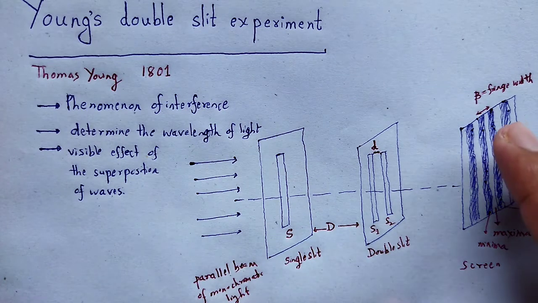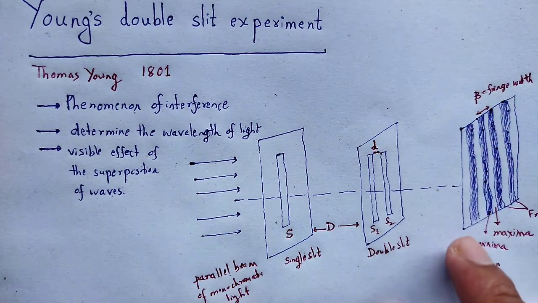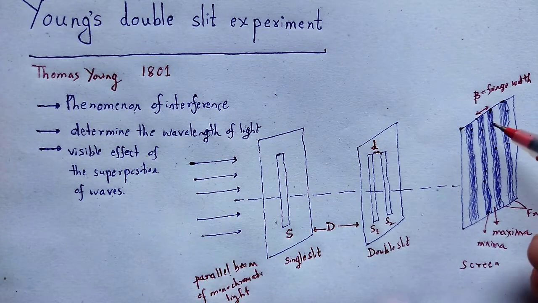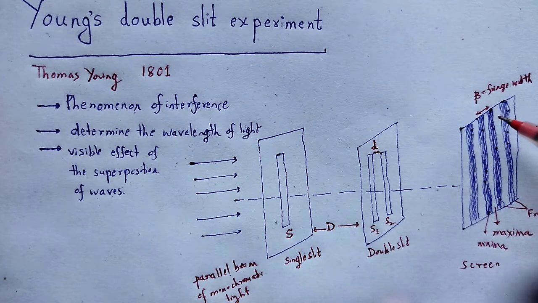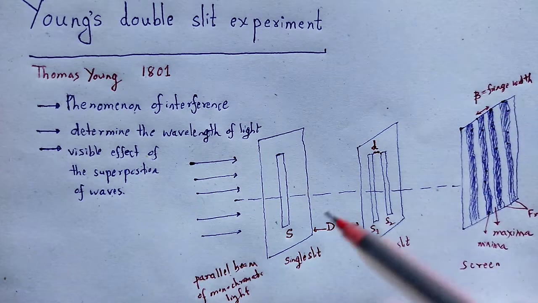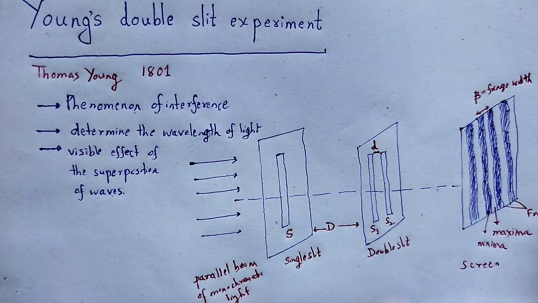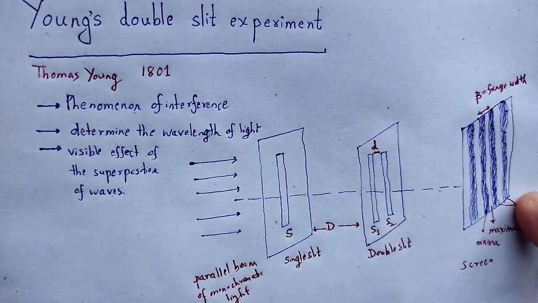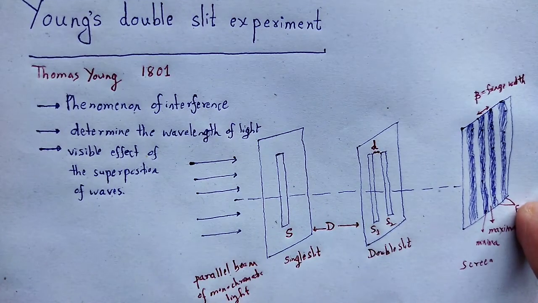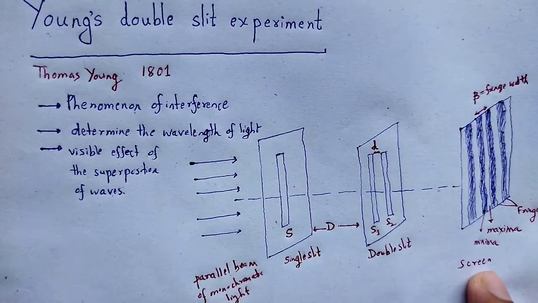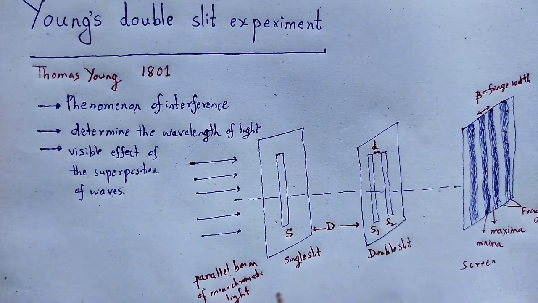The interference pattern is formed on the screen, which consists of a large number of equally spaced alternate dark and bright bands, which are called fringes. These run parallel to the slits.